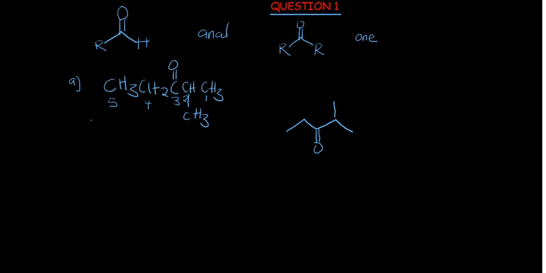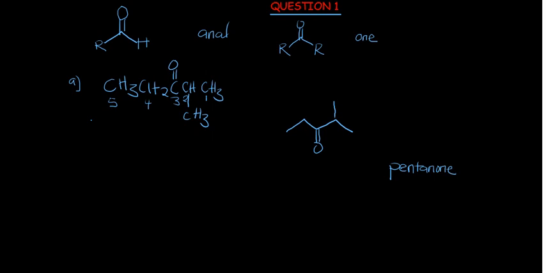From this structure we can see that we have a functional group of a ketone. How many carbons are in this ketone? There are 5, so the name will be pent. Since this is a ketone, it will end with pentanone.